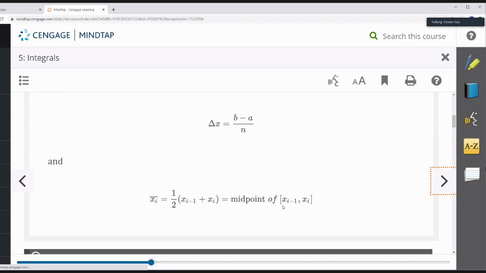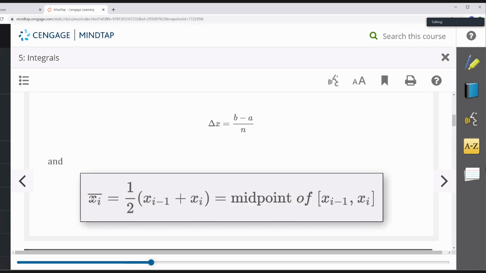This is not very difficult to understand, right? Remember, we use Ln, we use Rn. We take the left end point and the right end point, but you can take any point you want inside each subinterval. So here, xi bar is the middle point of the subinterval, so 1/2 of left end point plus right end point.